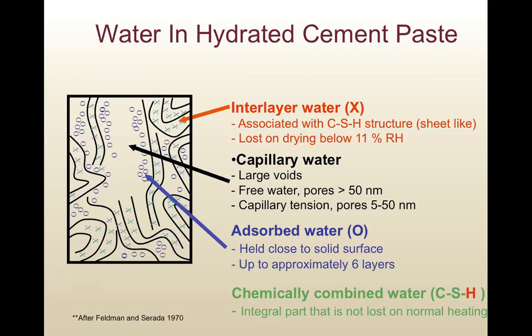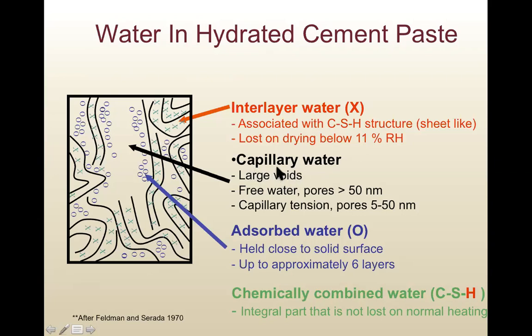So when cement hydrates, we will have more or less pores. Depending on the size, some of the pores are called capillary pores, and some of them are called entrapped air. The capillary pores will have some water inside, and we call that capillary water.